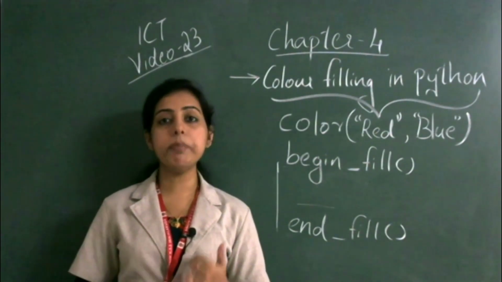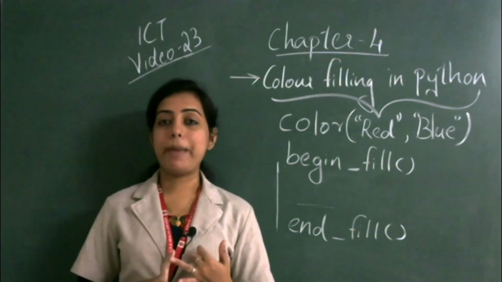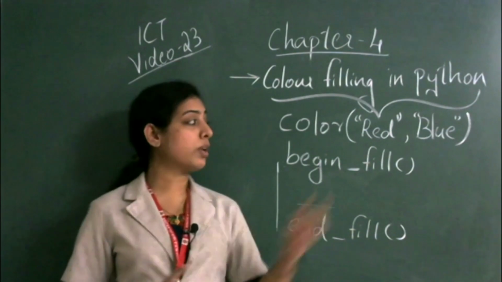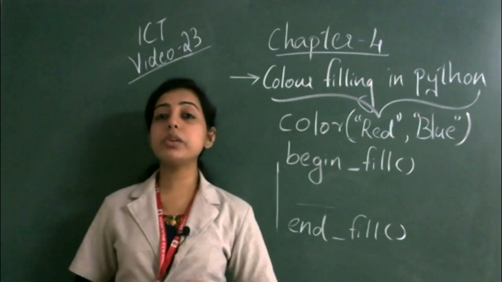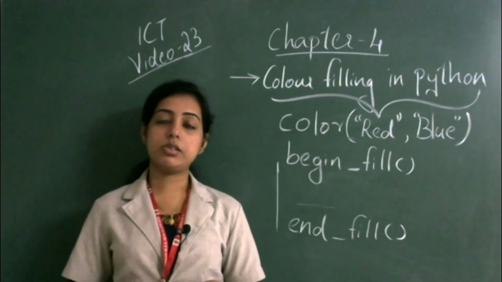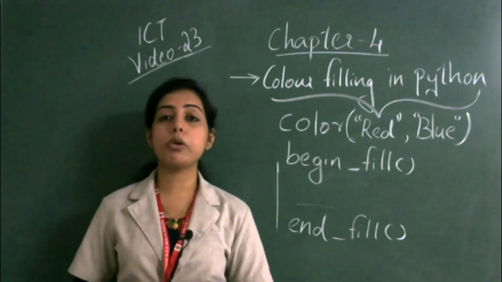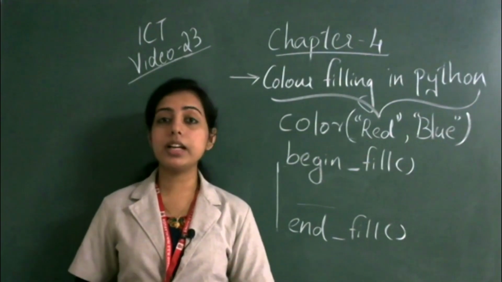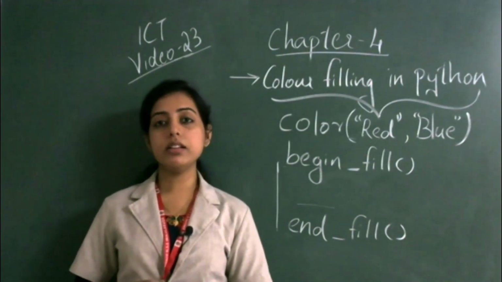Then how to draw a pattern, how to give line color to that pattern using the first code line, and how to give fill color to that shape. So these are the four main programs in this chapter. Other programming sections are for further reading. You don't want to study those programs.